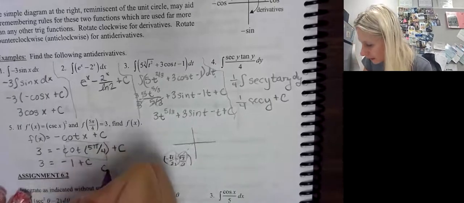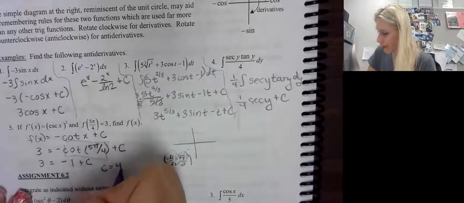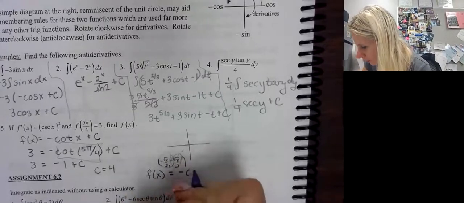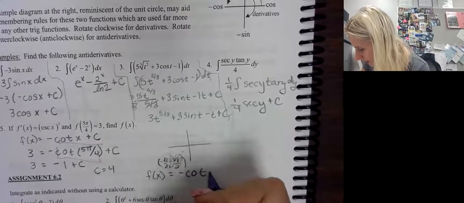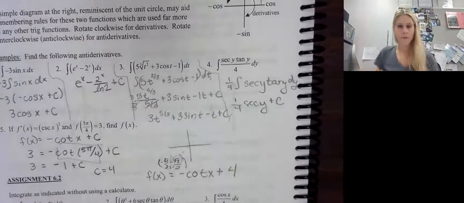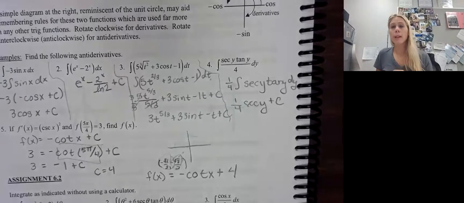So c equals 4. So my final answer for this is f of x equals negative cotangent x plus 4. All right, this was a short lesson because this is really practicing those trig functions and getting those memorized.